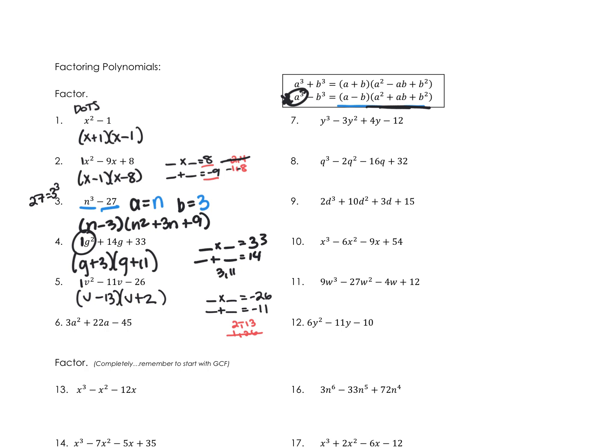For this next one here, number 6, first we should check to make sure we don't have a GCF or a greatest common factor, but 22 is not divisible by 3, and not all of them have an a, so we don't need to factor anything out to start with. So here a is not 1. So remember, the first thing we're going to do here is multiply 3 times negative 45.